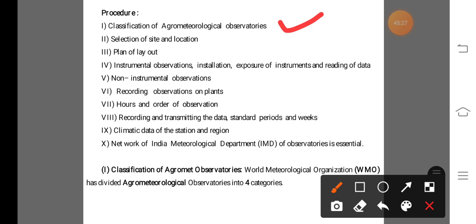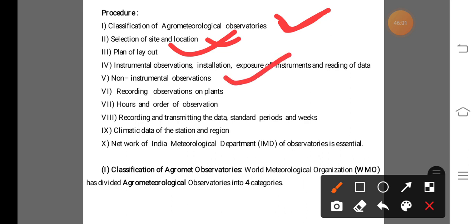So the first point for the installation of agrometeorological observatory is knowledge about the classification of agrometeorological observatory. Next one, selection of site and location of the Agromet observatory, plan layout of Agromet observatory, instrumental observation, installation, exposure of instruments and recording of data, also non-instrumental observation.